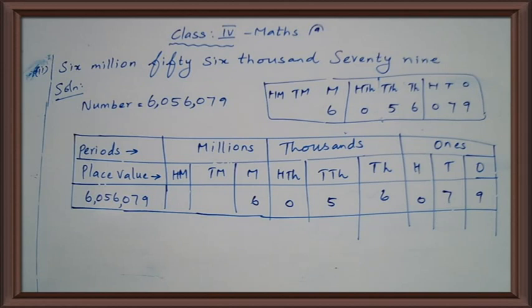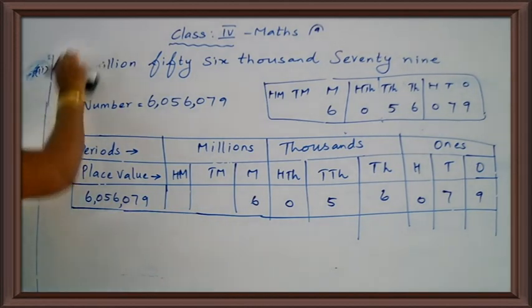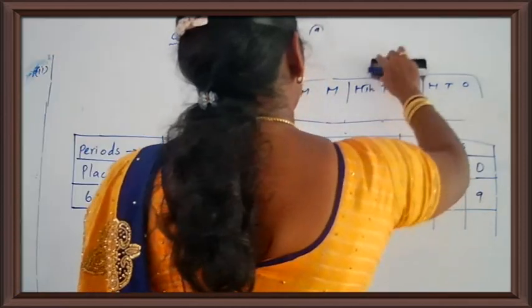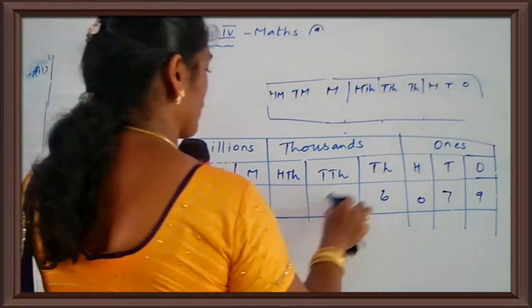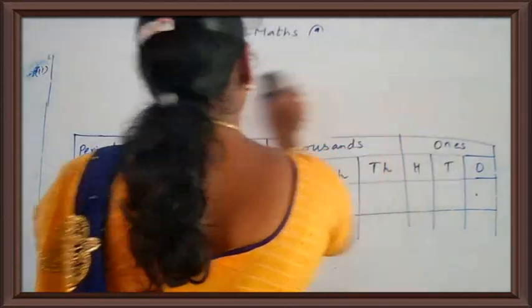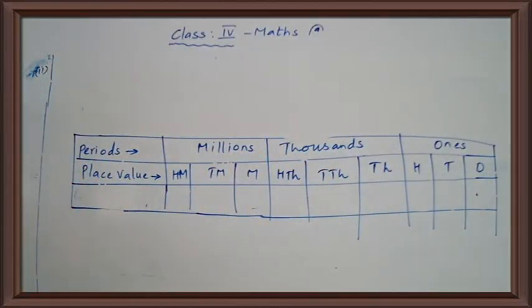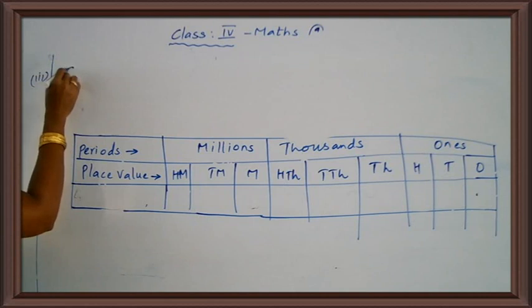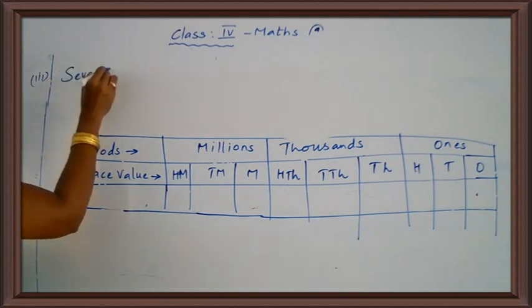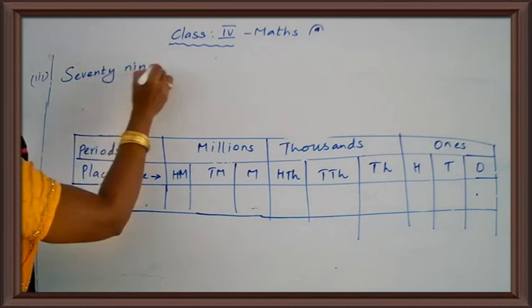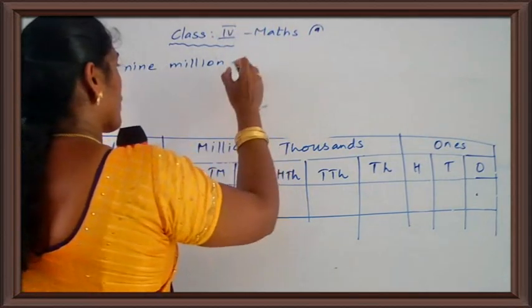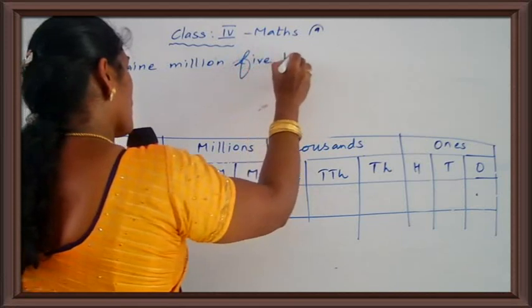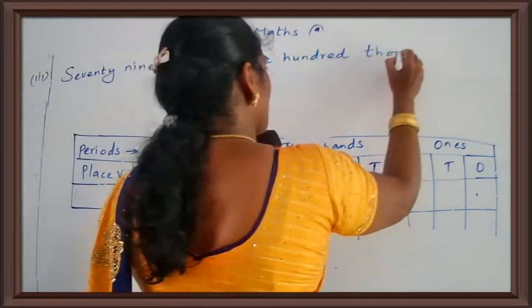Okay, now the third one. Your question is 79 million 500,000.